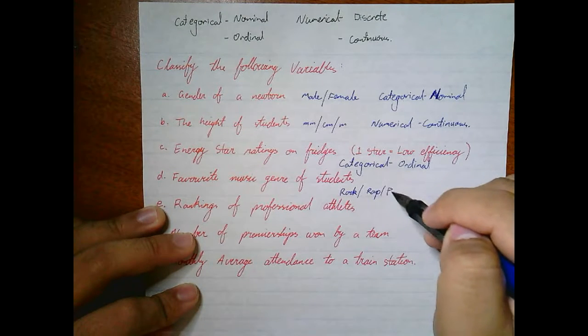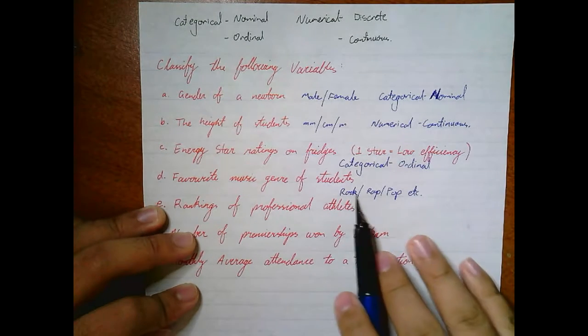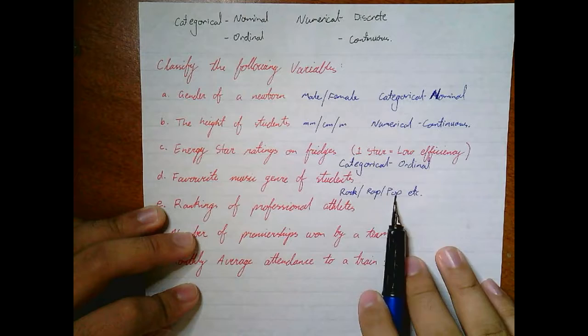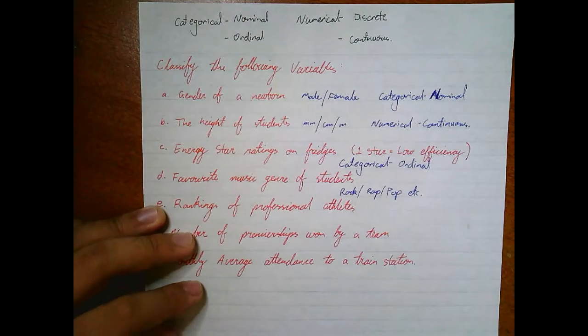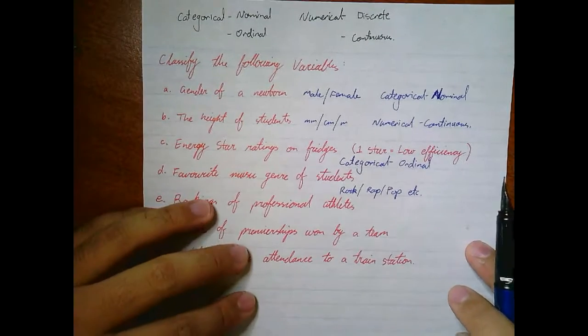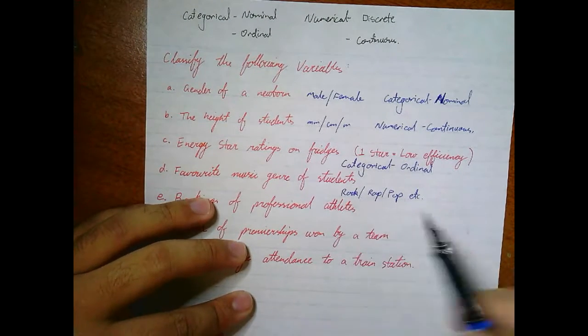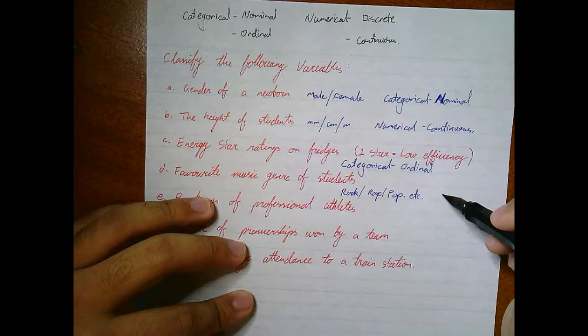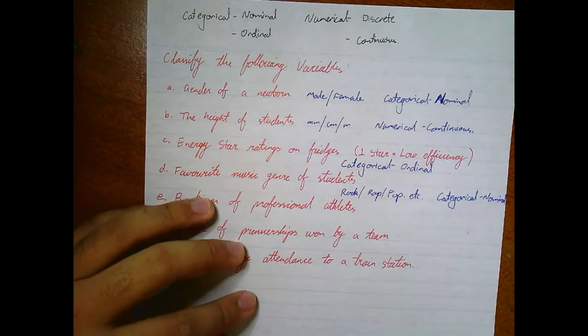Someone could say pop, etc. And these do not have any order to them because one is not better than the other, although that's debatable. But in mathematics, these have no position. So this must be categorical nominal. No, ran out of space there.